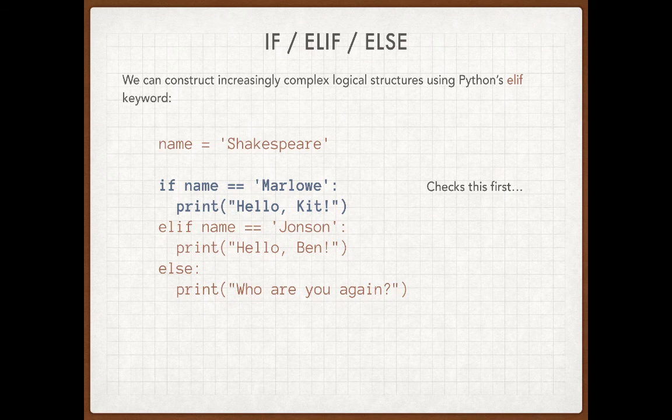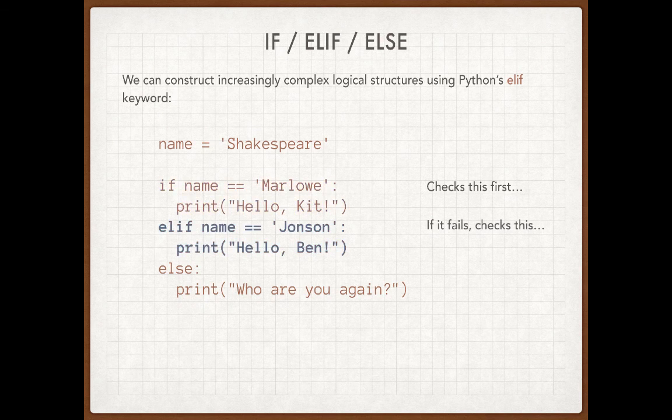So the first thing Python does is check this: is the value in the bucket called name identical to the string Marlow? If that's true, then we'll print Hello Kit to the screen. And basically we'll be done at that point. The rest of it will be skipped and eliminated.